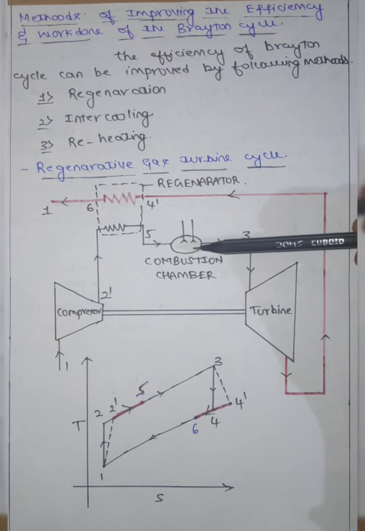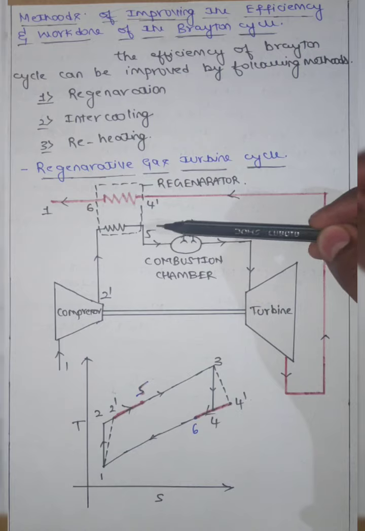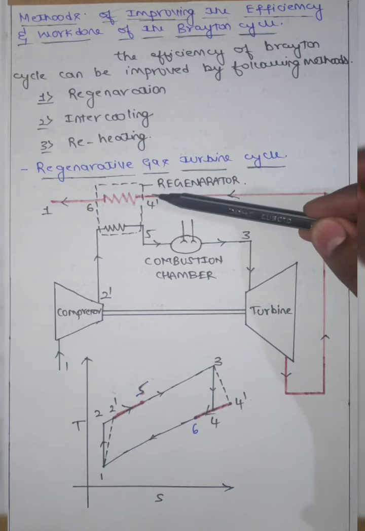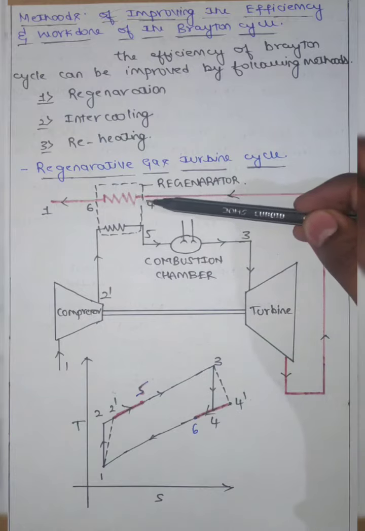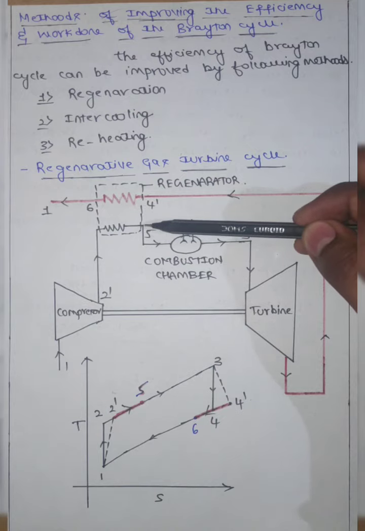Combustion chamber is the place where you will be adding the heat, is it? So that addition of heat is supported more by adding the heat from the outlet of the turbine. Generally the outlet of the turbine has waste heat, which is not used anywhere, but that heat is now reused to heat up the incoming gas a little bit.